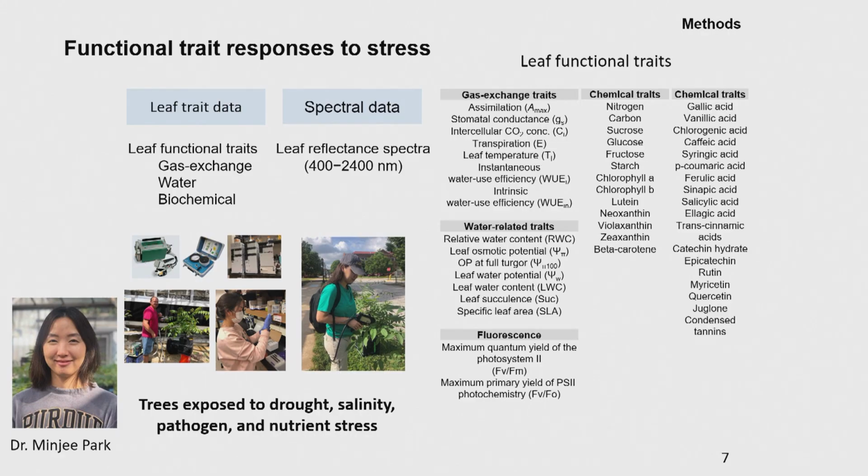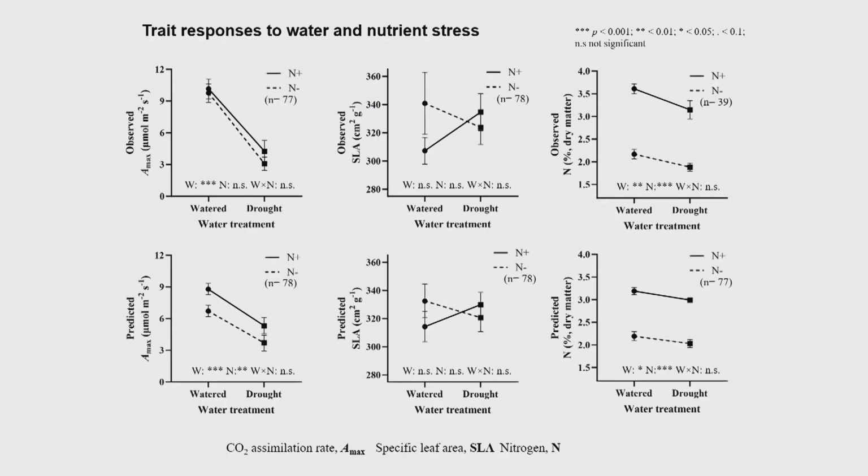We collected a number of leaf trait data: functional gas exchange, water parameters, biochemical data. You can see all of them on the right. I think it came out to over 40 or 50 models. It was a lot. We developed them using spectral data and the paired reference data that we had. We're not going to look at the model outcomes in terms of the actual model performance.